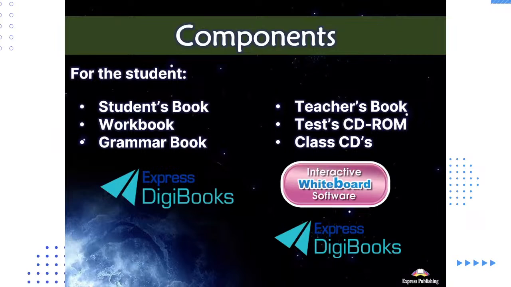So it's a great solution if you are exploring asynchronous learning, for example, if you want your learners to do some extra practice outside of the classroom. The platform, the Express Digibooks app, allows you to engage your students in self-study, autonomous learning. It also allows schools and institutions to create their own classes, through the learning management system.